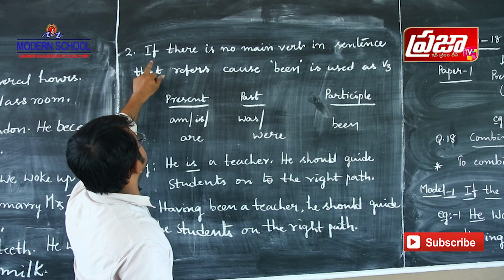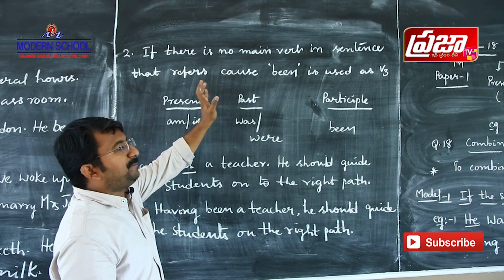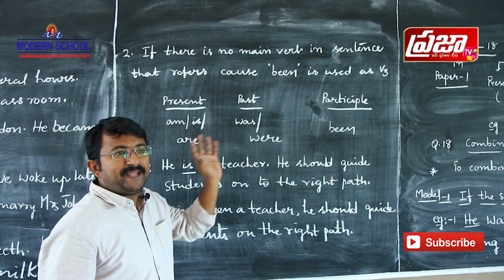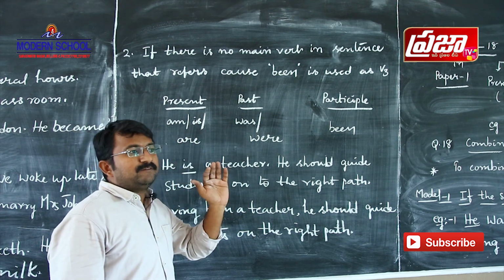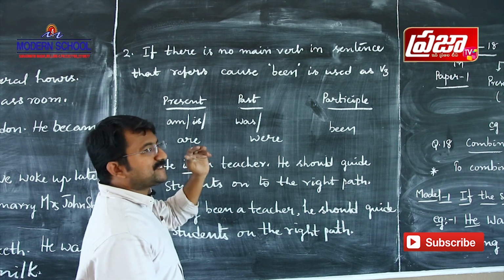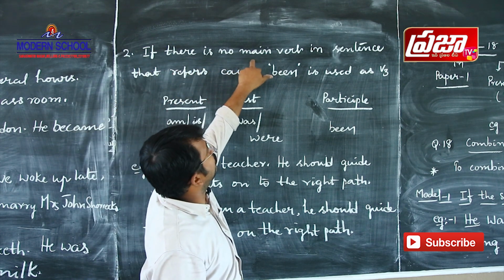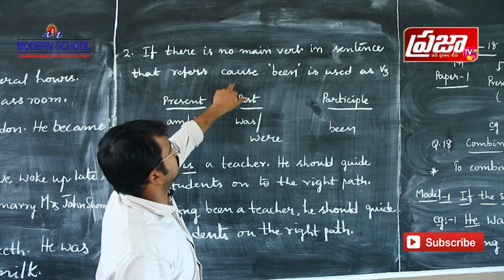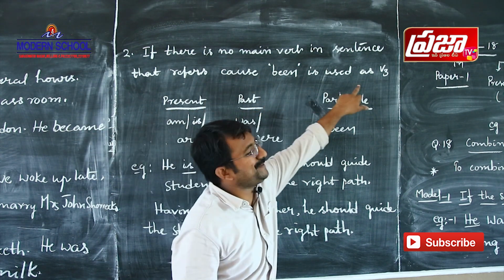And the next one: in some given pairs of sentences, they will not use a main verb. In such sentences, the helping verb itself acts as the main verb. If such is the case, how to combine? If there is no main verb in the sentence that refers to the cause, we have to use "been" as V3.